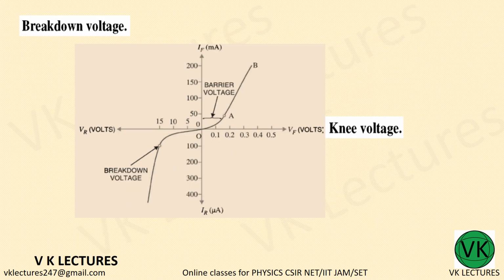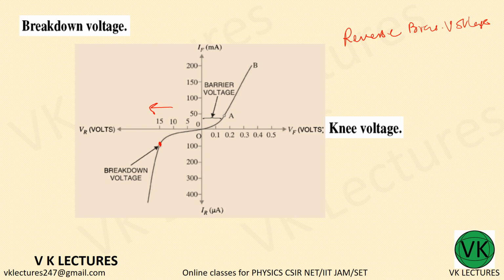Understanding the two quantities once again. Breakdown voltage. Now what is breakdown voltage? This is the minimum reverse bias voltage at the PN junction. See, this is towards the left on the characteristic curve.